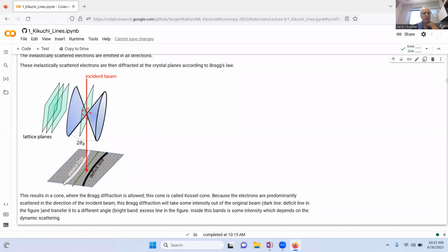Because our Ewald sphere is so large, we don't really see the curvature of these cones here, right? And so the distance from our Bragg peak to our 0 point is the same distance as between the two different Kikuchi lines, our excess and deficient line.